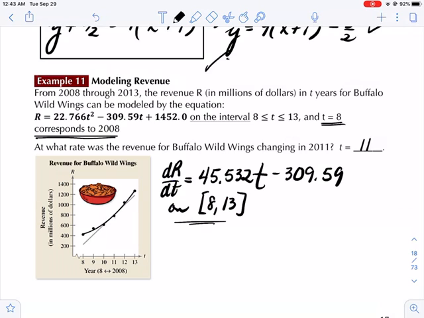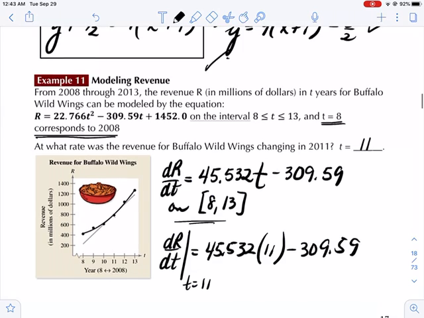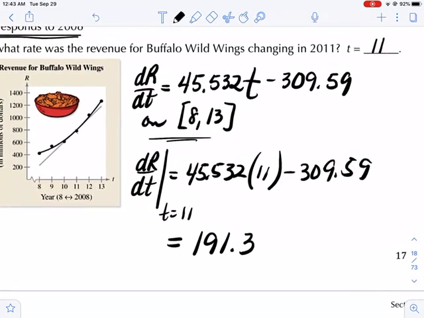So all you need to do is take dR dt and evaluate it for t is equal to 11. So that's going to give you 45.532 times 11 minus 309.59. And for a value of, is it 191? 191.3 there.